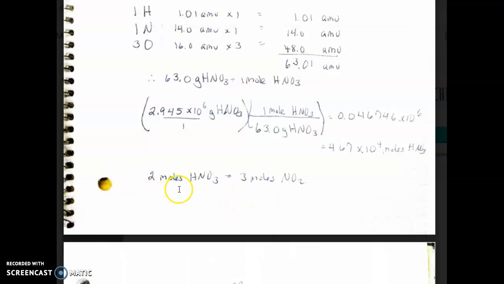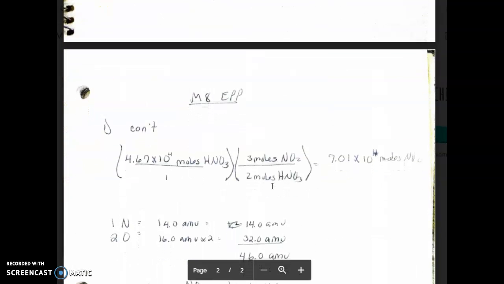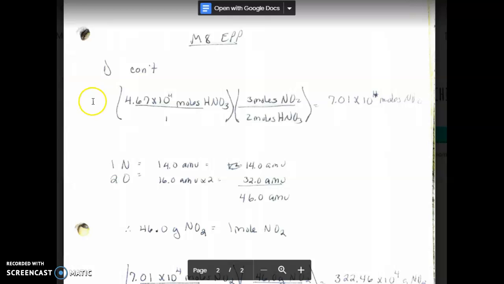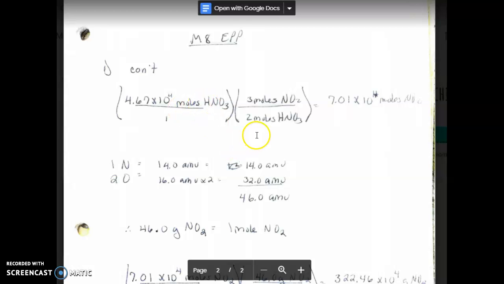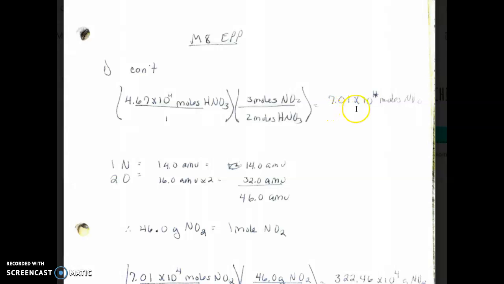We take our original sample, 4.67 times 10 to the 4 moles of HNO3, and multiply it by the fraction 3 moles of NO2 over 2 moles of HNO3. The moles of HNO3 cancel, and we are left with 7.01 times 10 to the 4th moles of NO2.